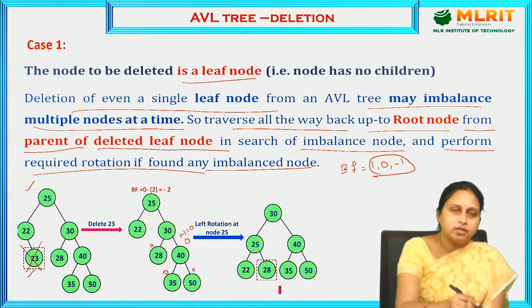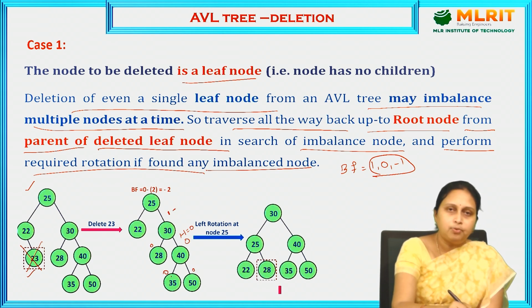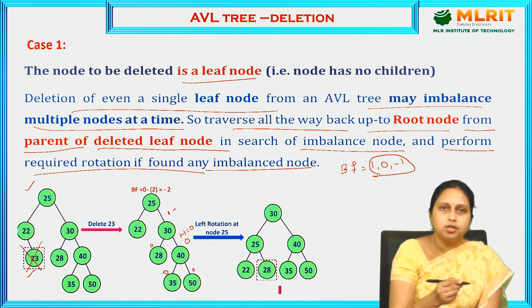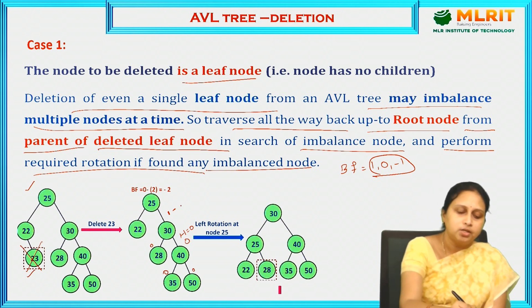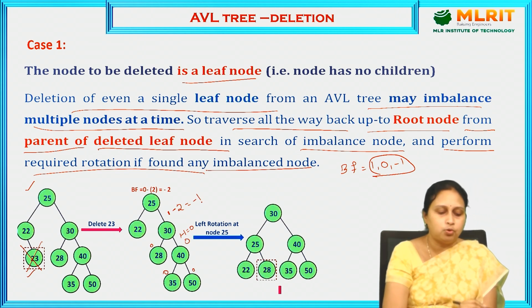And the balance factor for 30 is 1 minus, the left subtree being 1, and on the right side we verify the path from that node to the leaf node to get the number of links, which is 2, so 1 minus 2 is nothing but -1.